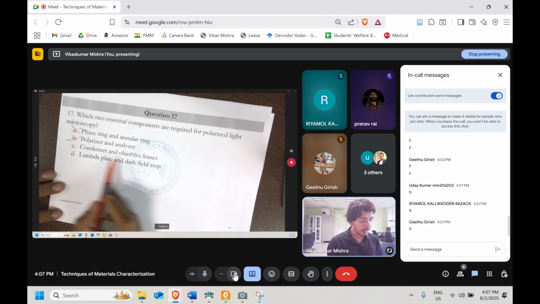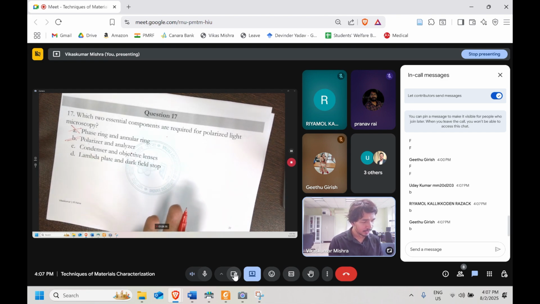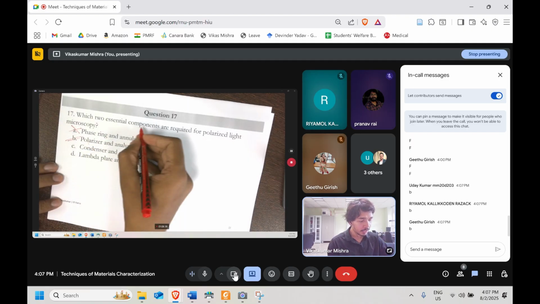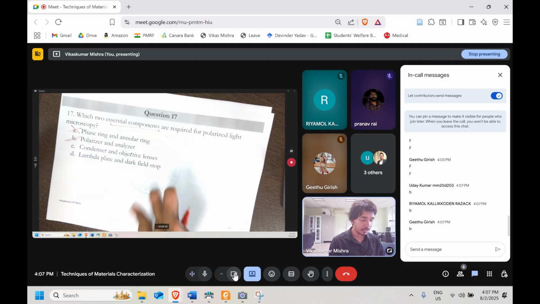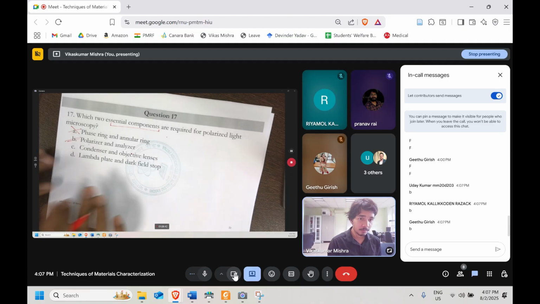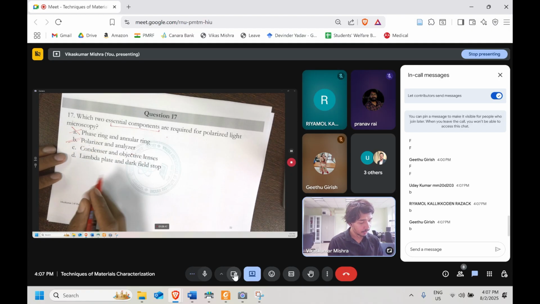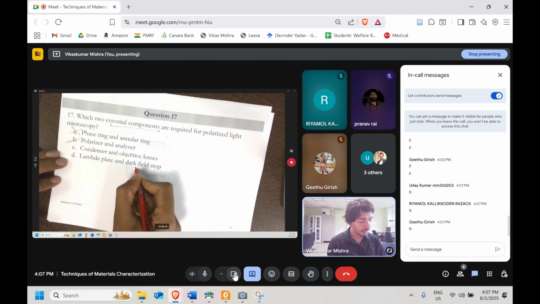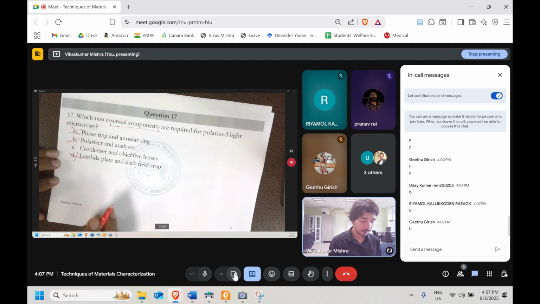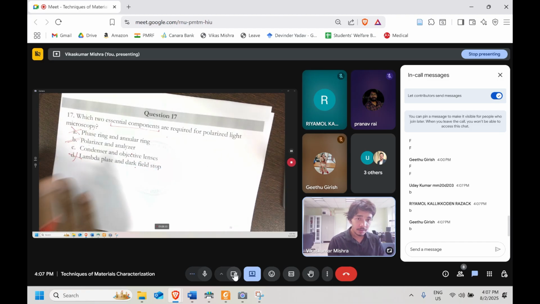Condenser lens and objective lens are there, but we are talking about the two essential components. Lambda plate and dark field stopper, again, it's not. Condenser and objective lens you will need everywhere more or less.